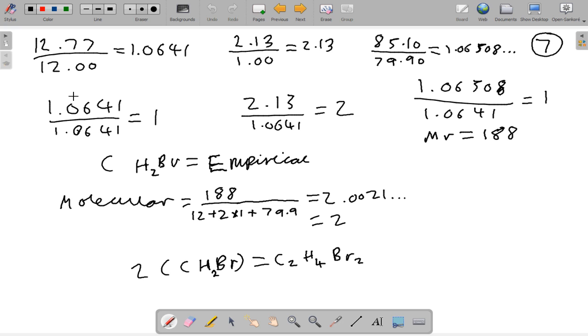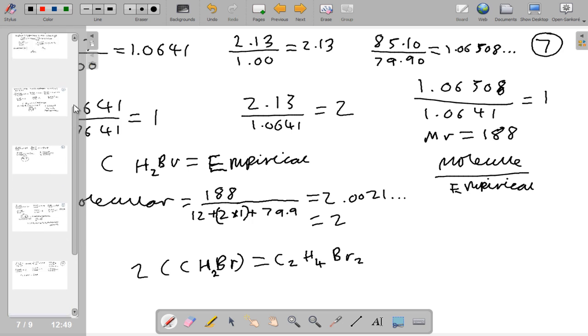So it's CH2Br for empirical formulae, and for the molecular formulae, it's the 188 of the molecule over the empirical. So it's 12 plus 2 plus 79.9, and that gives us about 2. So 2 times CH2Br is C2H4Br2.